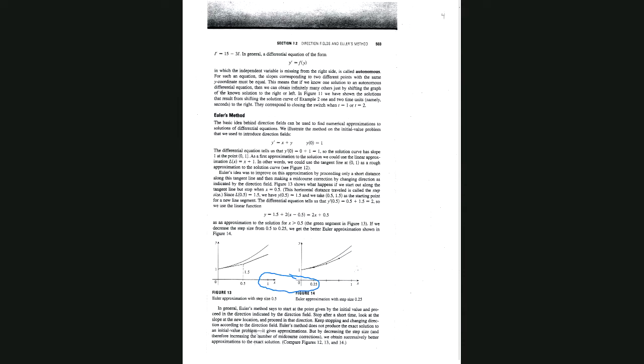Am I going to know exactly? No, I'm not going to know exactly because I don't have the formula for the solution. But I do know I can use Euler's method to help me.